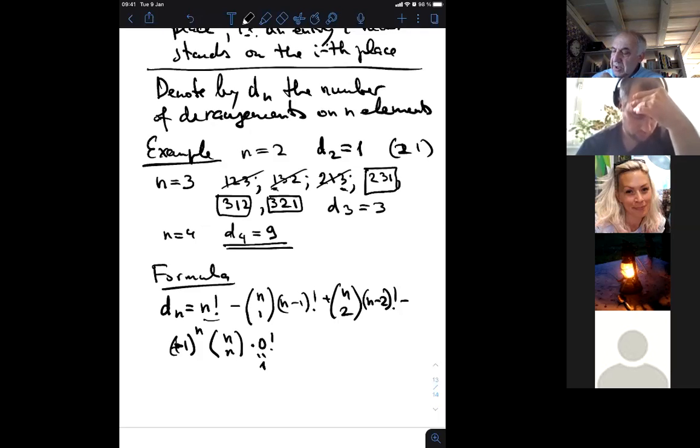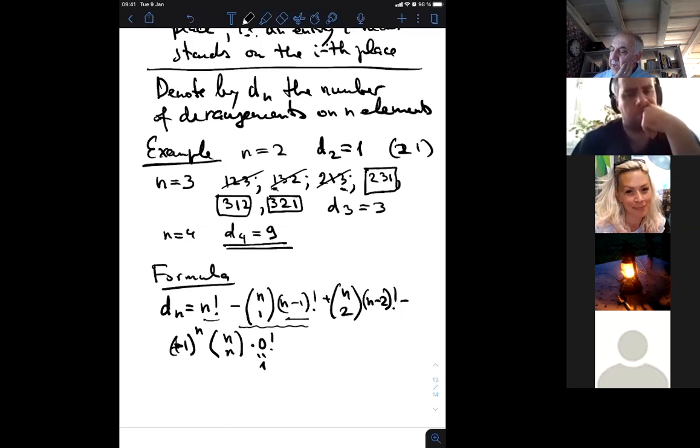Each of them is n minus 1 factorial, because we are requiring that number i stays on the ith place, and we're not requiring anything else. So we still have permutations on n minus 1 positions, the n minus 1 factorial of those. So this explains these terms.